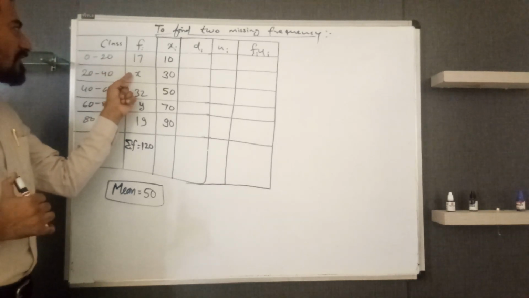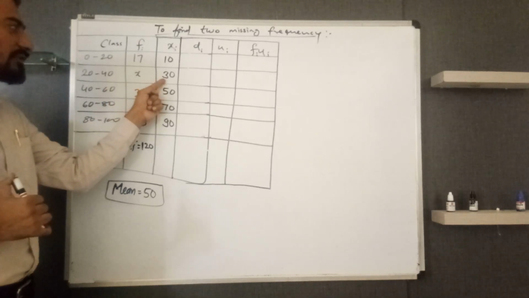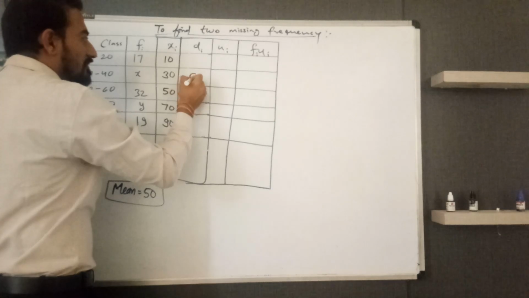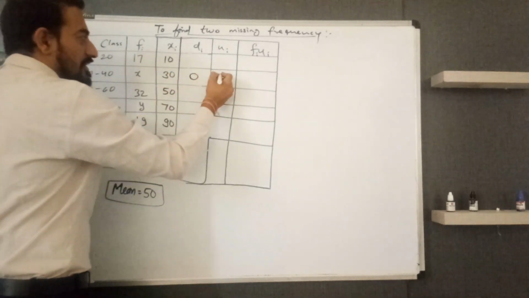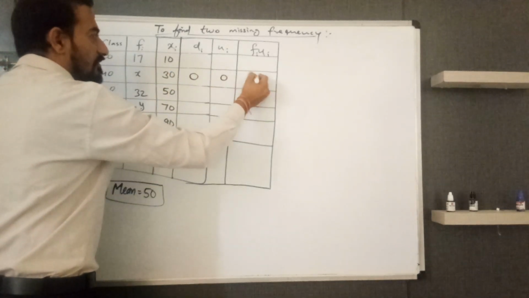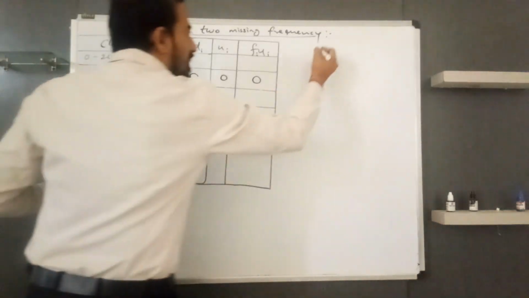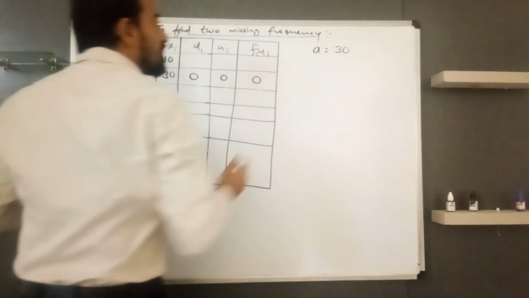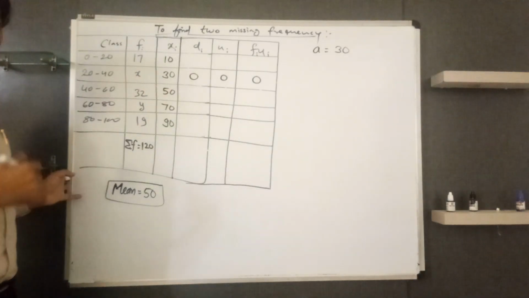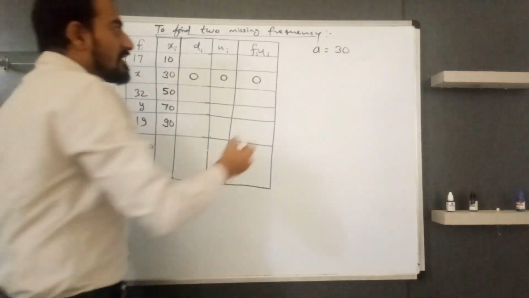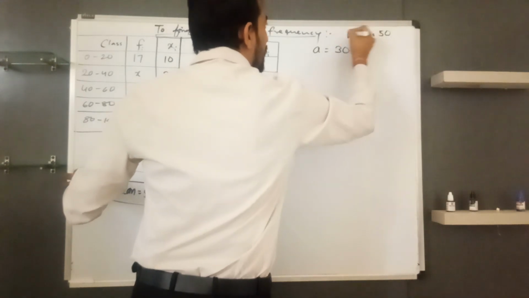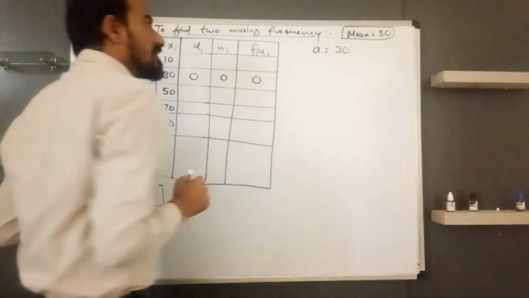The respective class mark of x we have 30. So its value will be 0, because we have taken 30 as the assumed mean. Mean is given 50. Just try to understand.